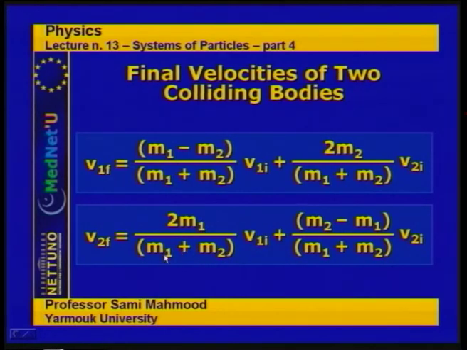Since m1 is so small relative to m2, we can drop m1 from the denominator and we have 2m1 over m2. m1 over m2 approaches 0 because m1 is so much smaller than m2, and thus v2 final approaches 0, which is the case that we encounter when we have a small object striking a very large and massive object.